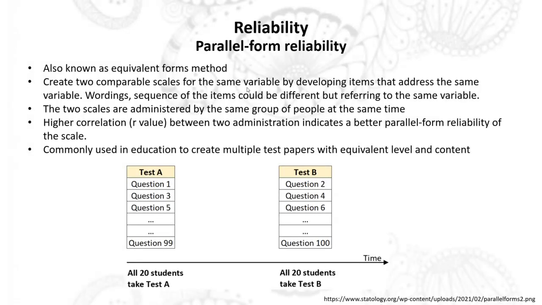So I need to develop two comparable tests for the same subject, by developing items that address the same subject. Wording and sequence of items could be different, but referring to the same variables.